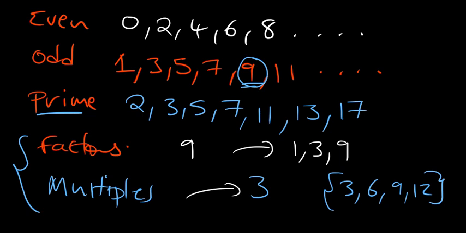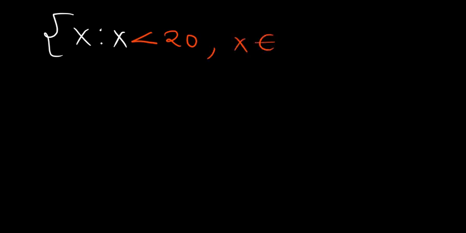They are going to be used, especially as we begin looking at what we call the set builder notation. There may be cases where we describe the set in roster form. X is such that X is less than 20, and then X is a member of, let's say, even numbers or real numbers.